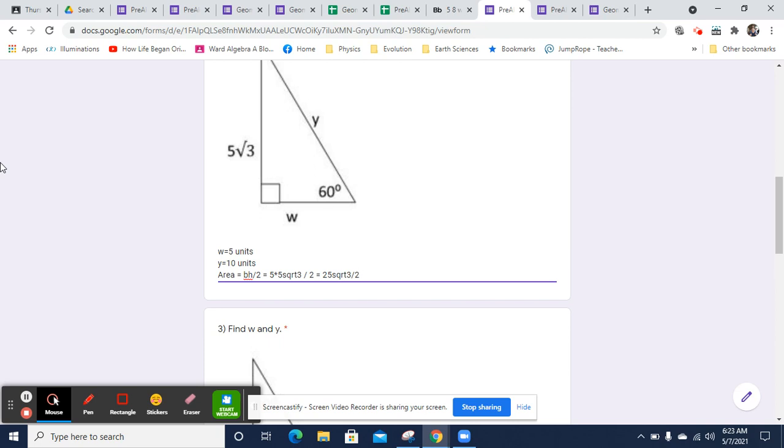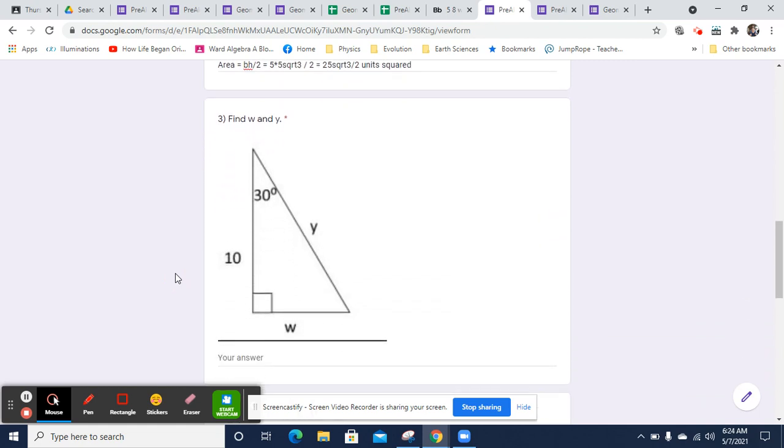You could have called that 12.5 root 3 as well, but of course, we want to put in units squared. So you could have said 12.5 root 3, or you can say 25 root 3 over 2. Both of those will be fine, but make sure your units are squared.